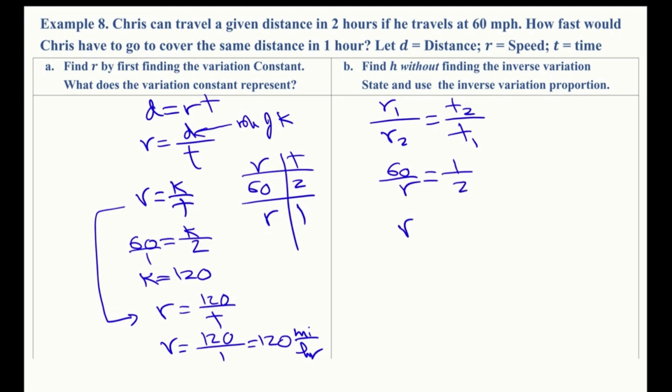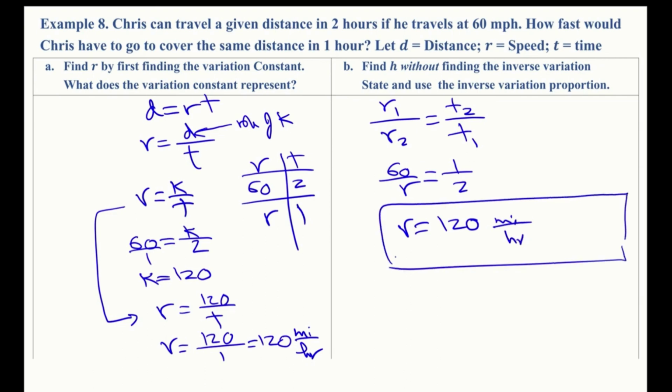Now cross multiply, you get R equals 120 miles per hour. You can imagine that I like this method. But I also see the extreme value of the other method, so I want you to be masters of both methods, basically. That's why I'm doing both methods on every problem.